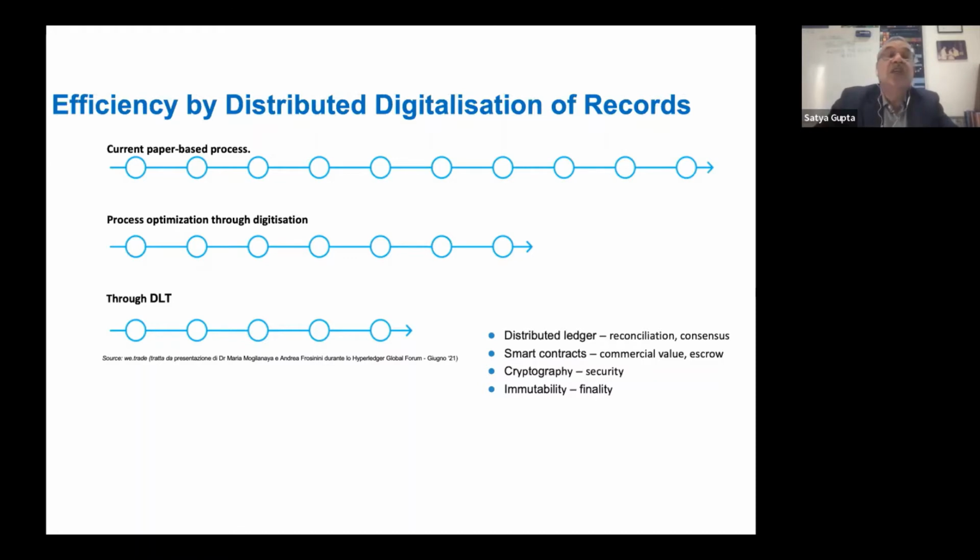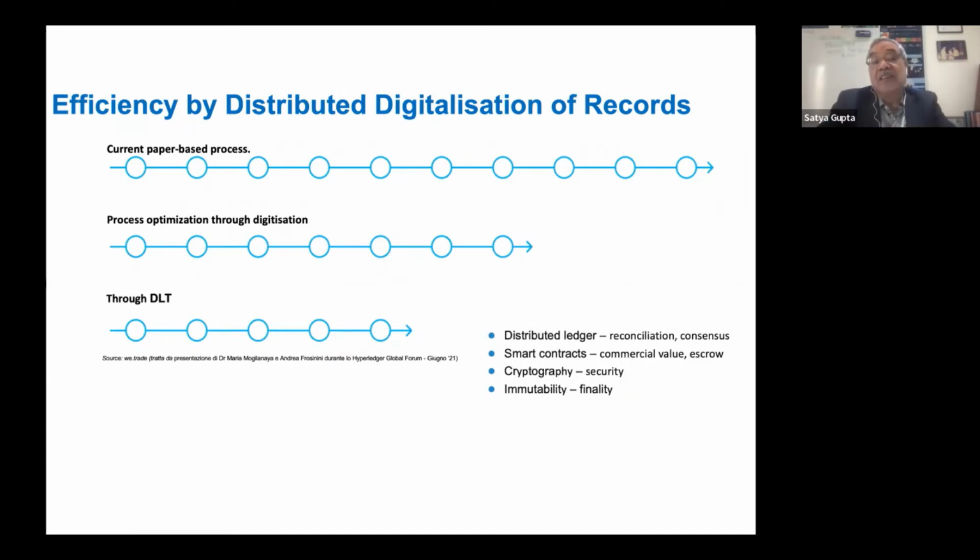So by using blockchain vis-a-vis the conventional paper-based process of record keeping, you can achieve about 40% or even 50% efficiency by these two processes. One is digitalization and the other is distribution, DLT. Both these things have to be used. So you can achieve 50%.